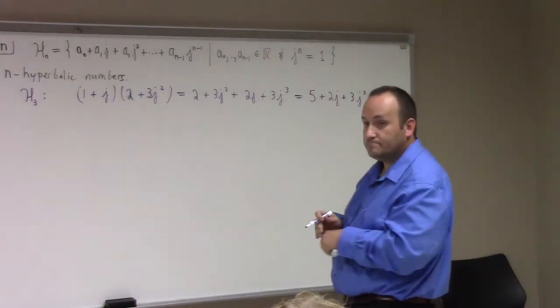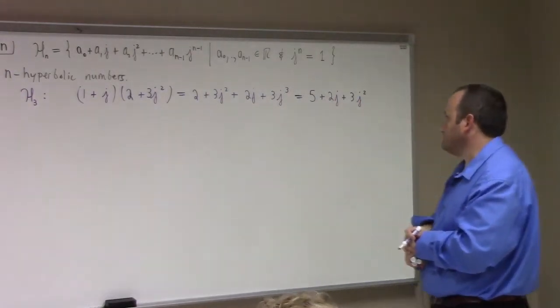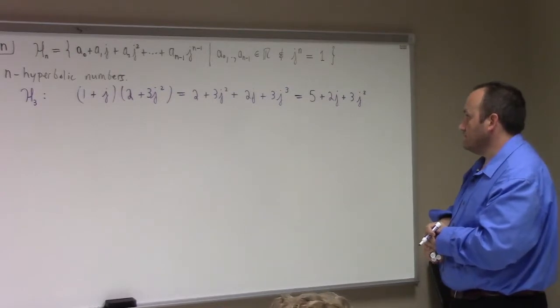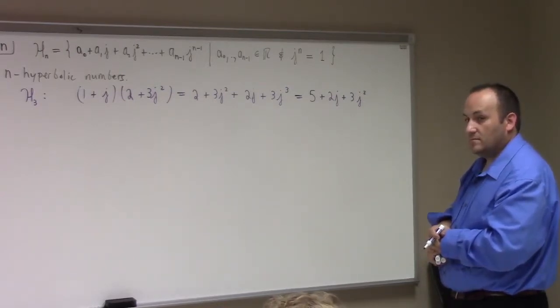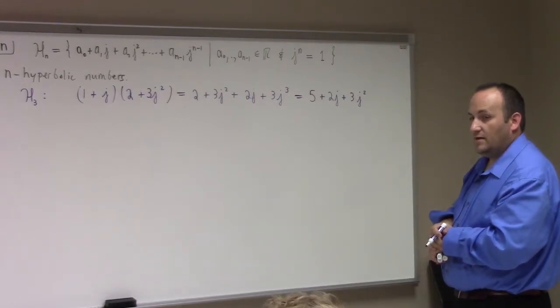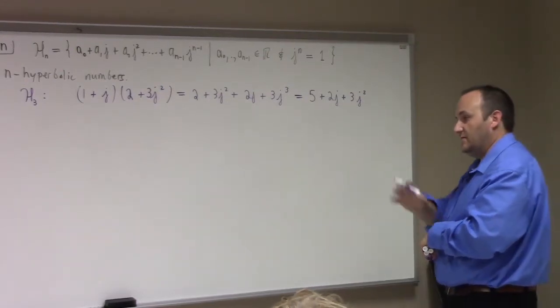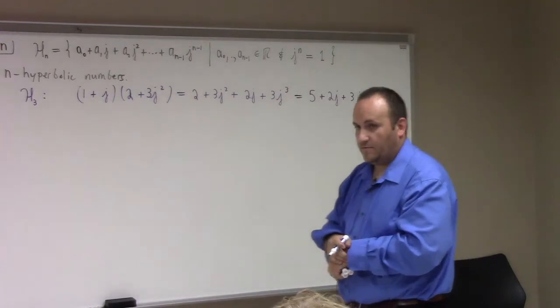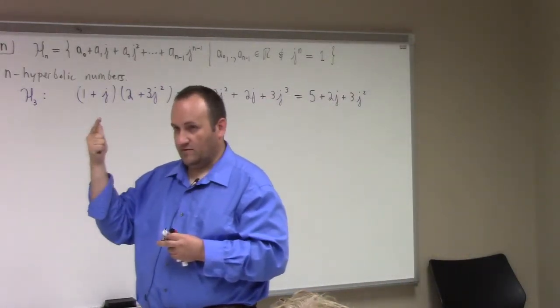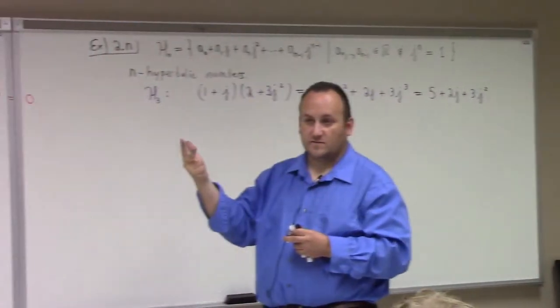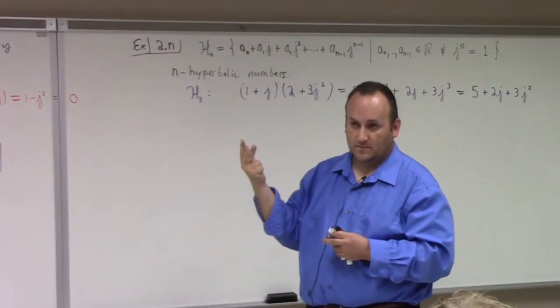Is it true for all of the n hyperbolic numbers that the non-units are always 0 divisors? Yes. In any of the associative algebras we study, there are 3 kinds of things: units, 0, and 0 divisors. There's always this trichotomy.